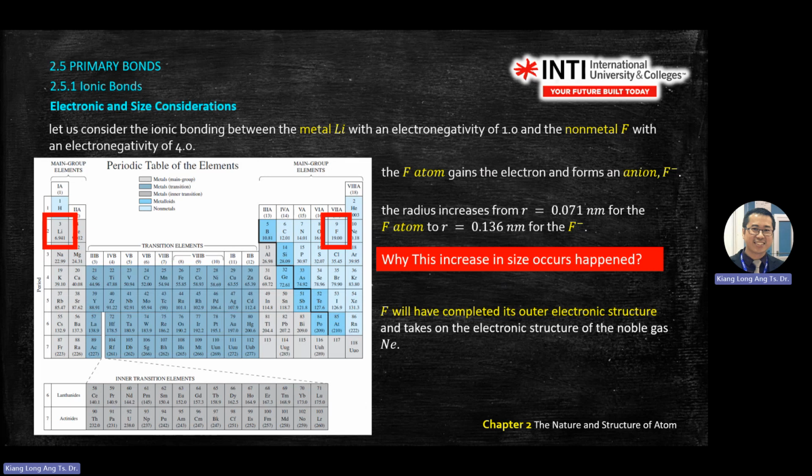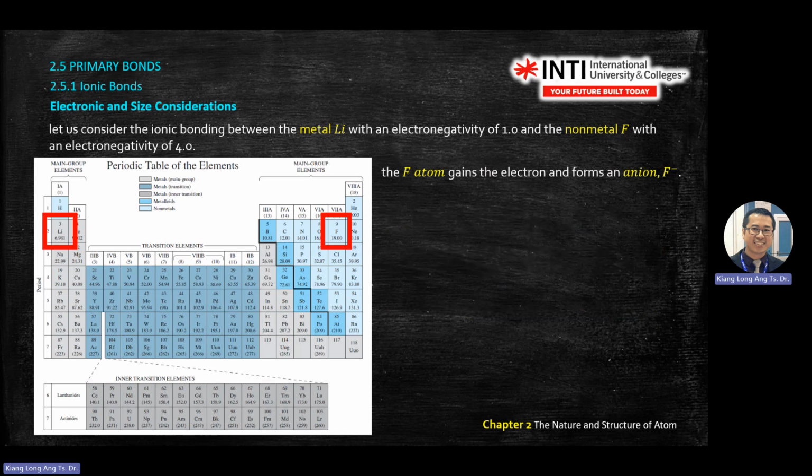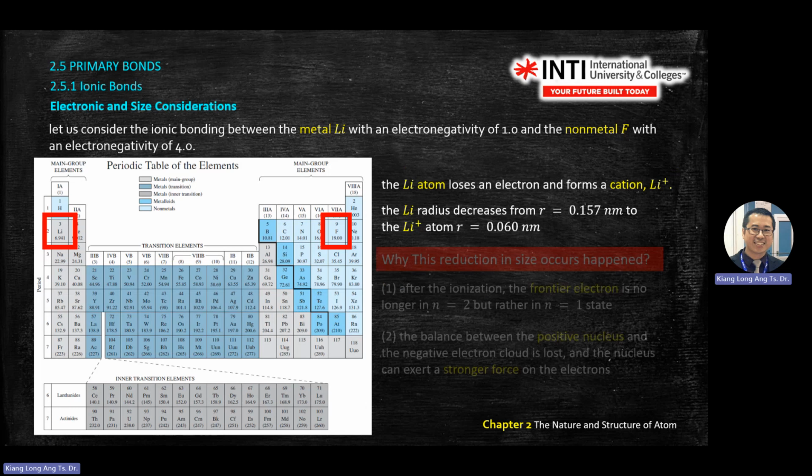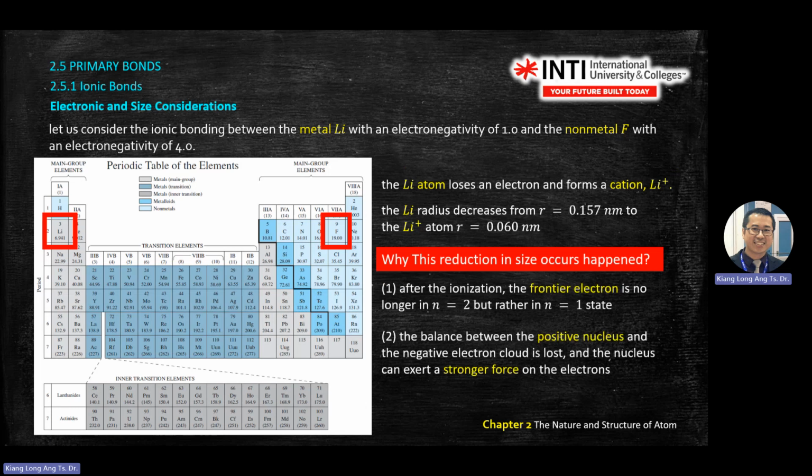The argument here is the positive charge inside. The nucleus, means you use this line here. Positive nucleus and negative electrons, the balance is lost, and the nucleus can have a stronger force on the electron. It's not shell.